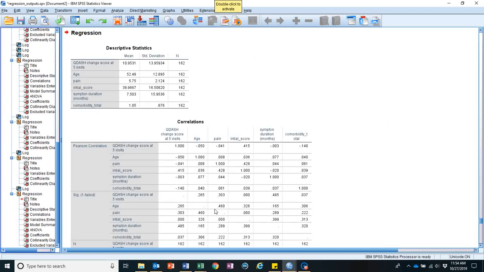Because I asked for descriptives, it's going to give me the means and standard deviations. Now, if you remember, I said there were 187 people in this study, but we only had 162 that had all of those data points. So that's going to change depending on what you put in. The more data that you put in, the more likely you are to have some missing data.